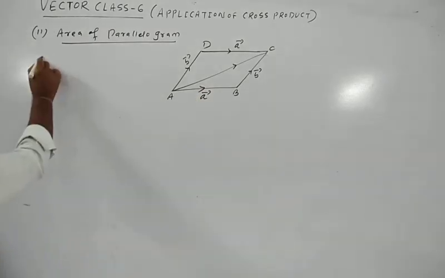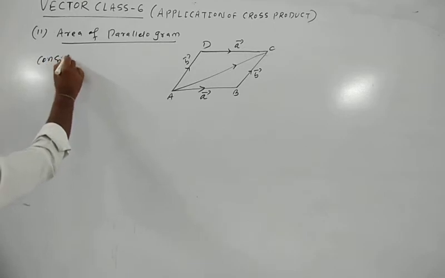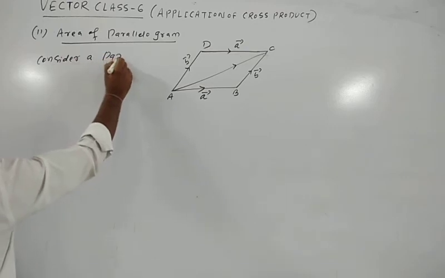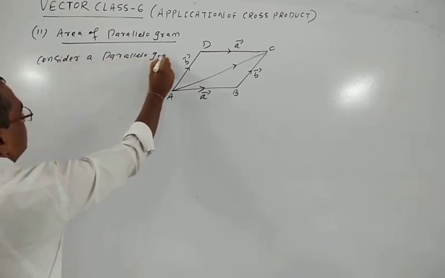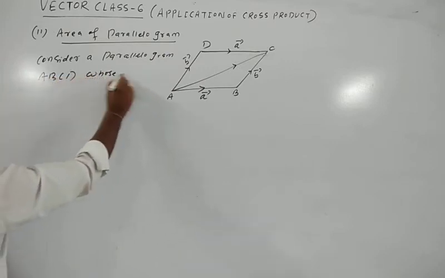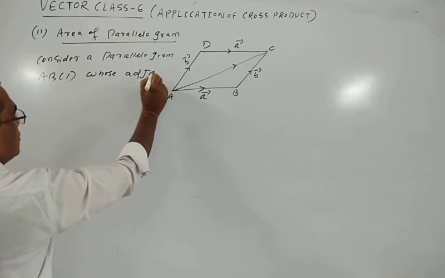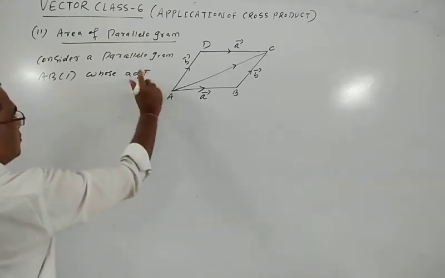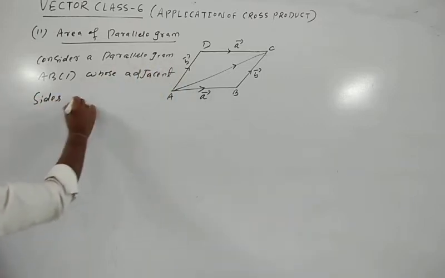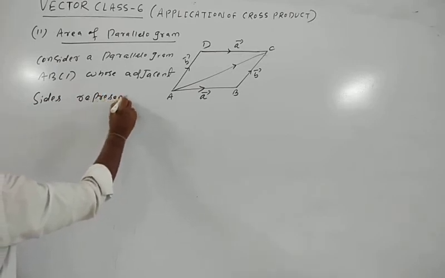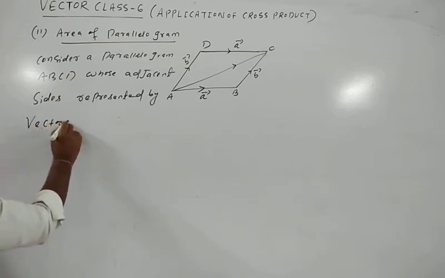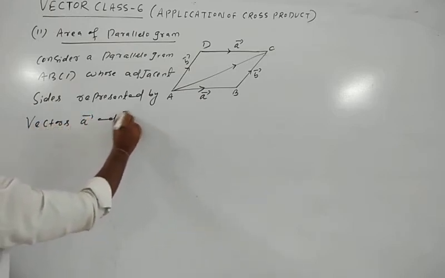That's why we write: consider a parallelogram ABCD whose adjacent sides are represented by vectors A vector and B vector respectively.